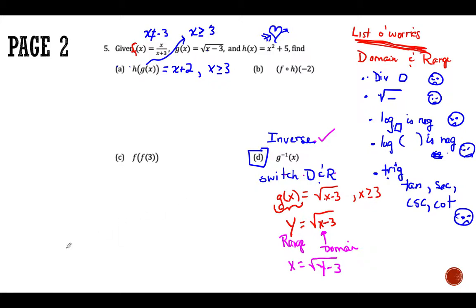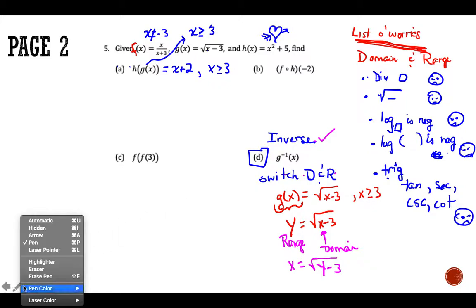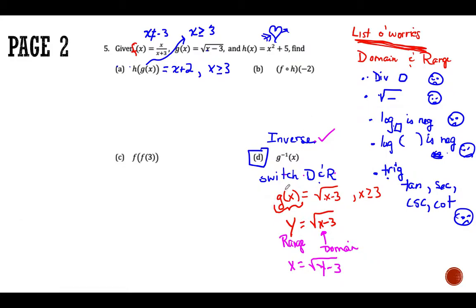Except that this answer won't be in multiple choice. In multiple choice, you need to get y by itself. So you need to do the order of operations backwards, which means you get rid of all addition and subtraction outside the grouping.